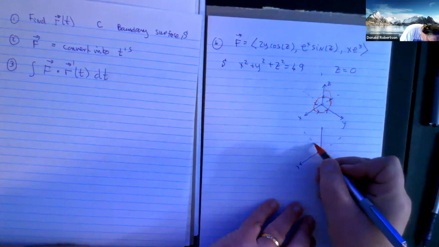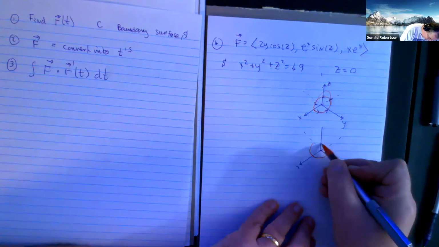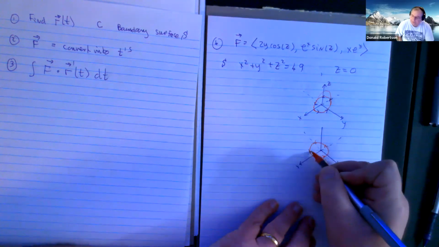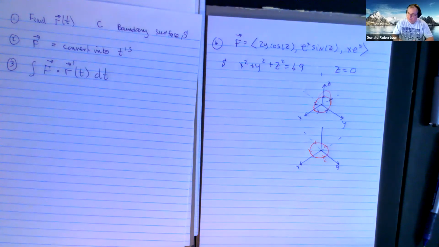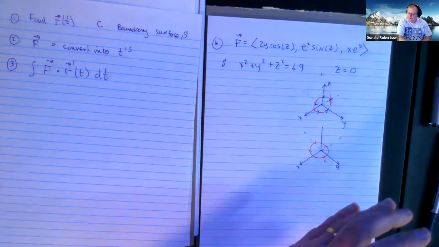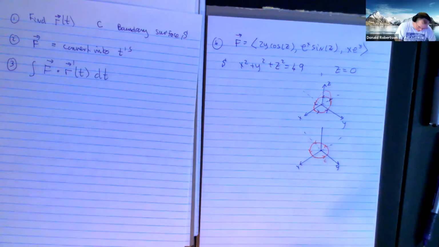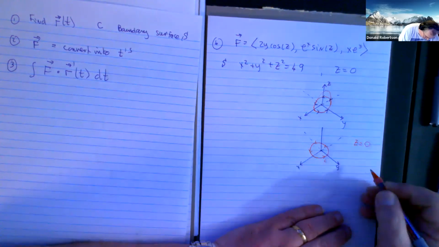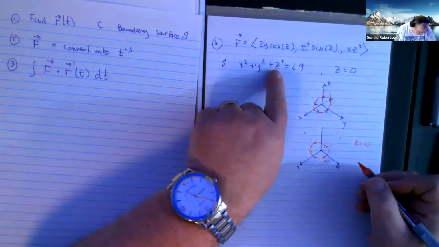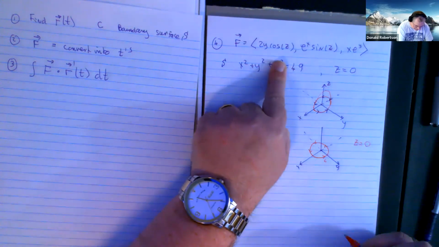Isn't the C shape a circle on the floor? Right. So the boundary of that surface is the circle on the floor. That's C. And since it's on the floor, z equals 0. And if you make z equals 0, can you see that the circle on the floor has a radius of 7?